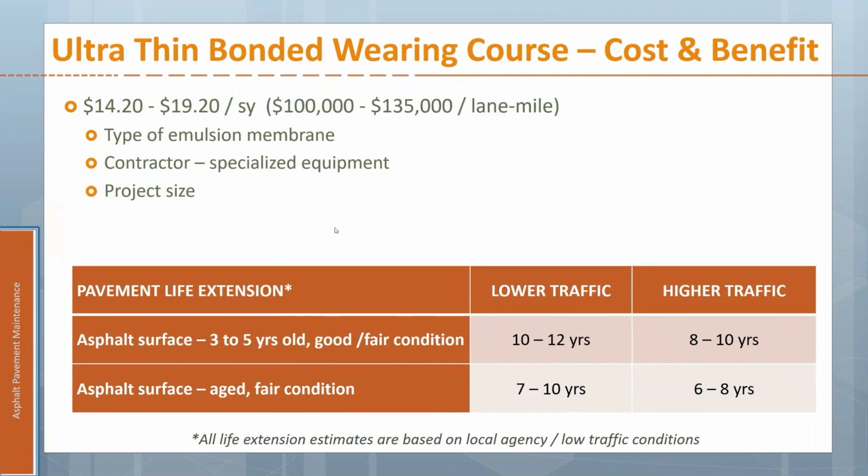But part of the cost comes in because this will most often be something that has to be contracted out. So unless you do a lot of this and you invest in that equipment, you are going to have to pay for a contractor to come in and do this that has the spray paver. So a lot of times local agencies have small projects in the grand scheme of things, and bringing in a contractor, you're paying for all the mobilization costs, and then your project is maybe not that long.